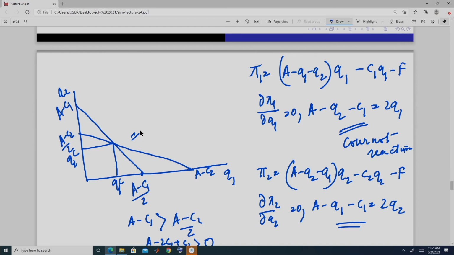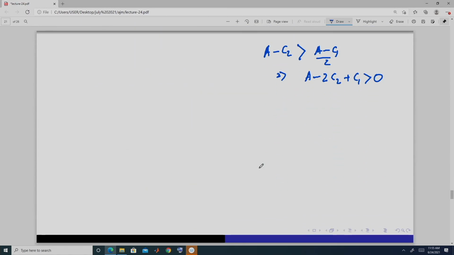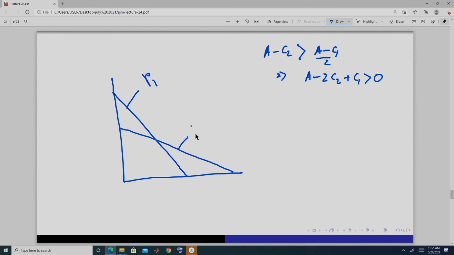Now, we will use this diagram. How? If we take this as the reaction function of firm 1 and this as the reaction function of firm 2, this is the Cournot output of firm 1 and this is the Cournot output of firm 2. Okay?